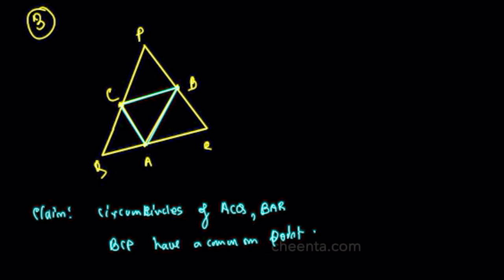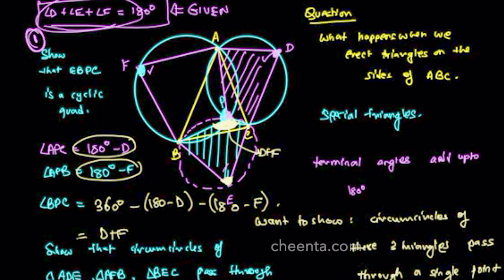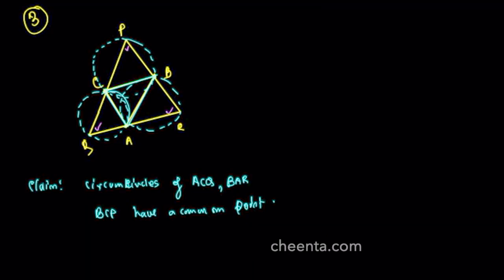This is really a one-line proof again. So if you have this, this, and this, try using the first theorem again. Angle P plus angle Q plus angle R is definitely equal to 180 degrees because PQR is just a triangle.